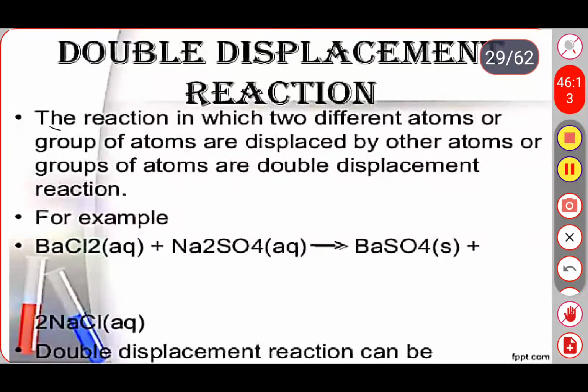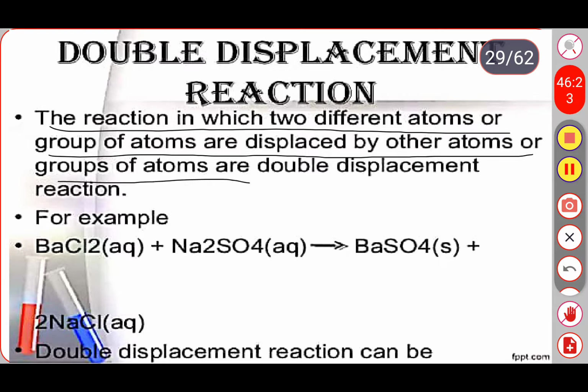For example, in a double displacement reaction, two compounds exchange their ions to form two new compounds.